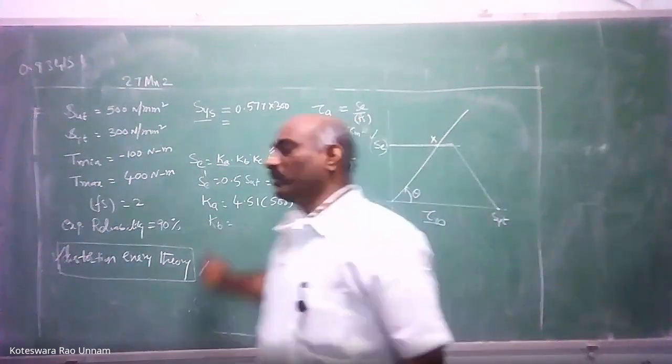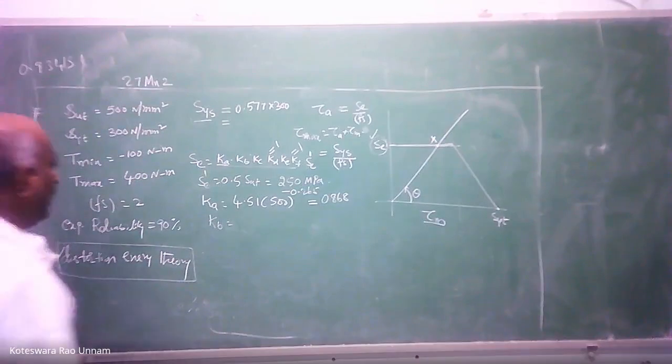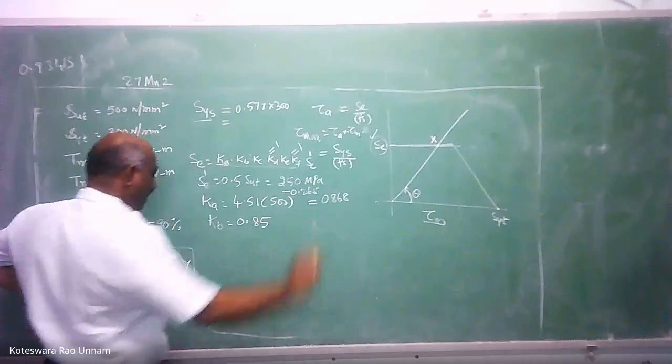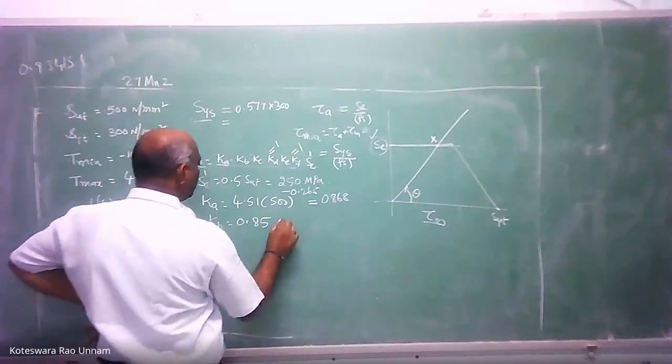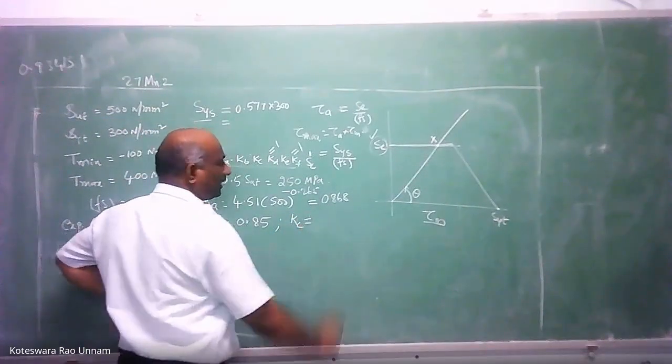So what I will do is assume the diameter lies within the range 7.5 mm to 50 mm, so that I can take Kb as 0.85.